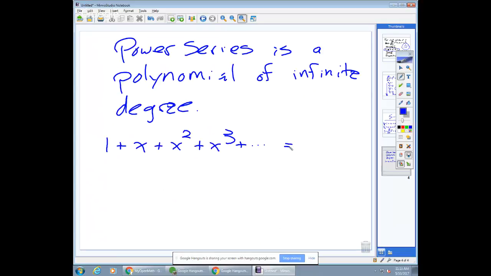In this case, we know from our work with geometric series that it converges to 1 over 1 minus x, where the first term is this guy in the numerator, and my base is that guy right there. All I'm doing is renaming it as x instead of r. Okay, would you agree that 1 over 1 minus x is a function? Okay, that means a power series can be a function too.